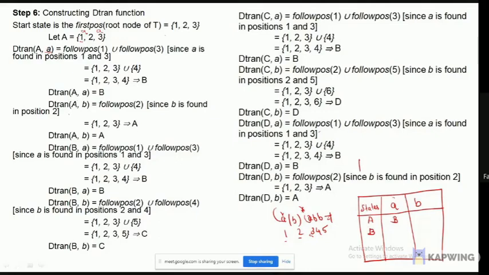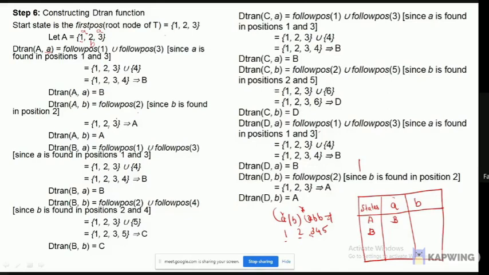Now the DFA transition from A on input symbol b. Out of 1, 2, 3, because 1, 2, 3 is state A, 2 has the symbol b. So we have to consider the follow position of 2 alone.